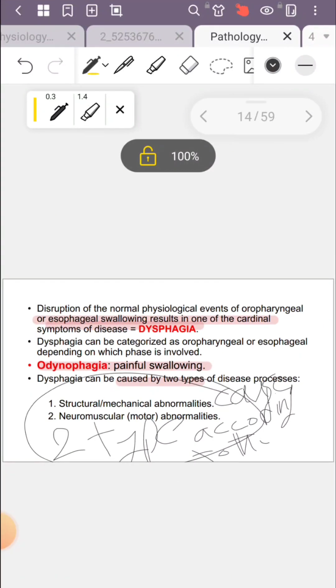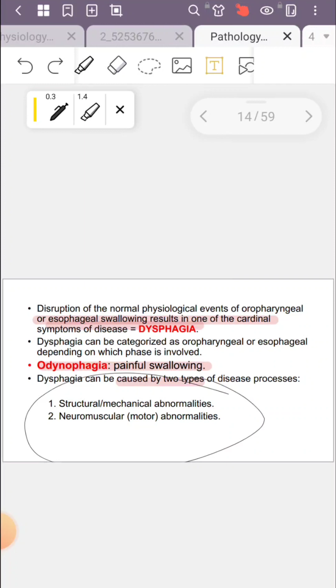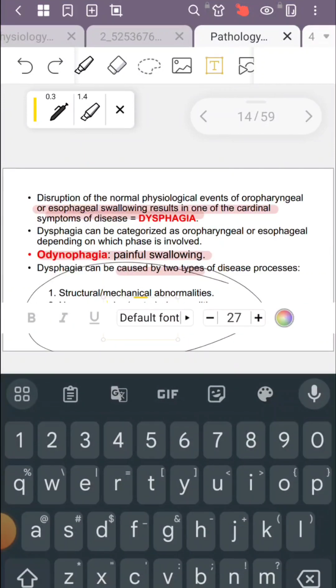Whereas neuromuscular or motor related dysphagia is related to abnormal muscle relaxation or permanent constriction due to damage to the ganglion cells, or uncoordinated muscle movement. These are the causes.